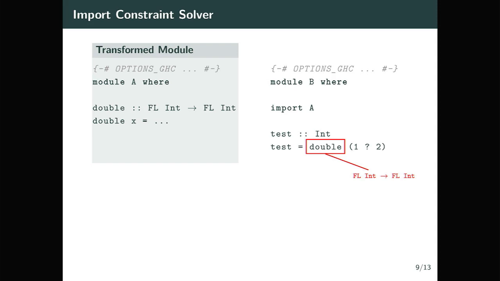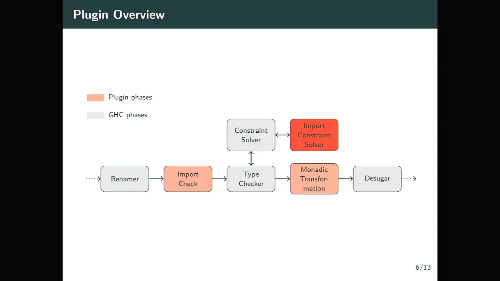So, well, briefly speaking, this import constraint solver, you can see that this part of the plugin attaches to the constraint solver, which in turn is attached to the type checker. So we can influence type checking via our import constraint solver plugin.